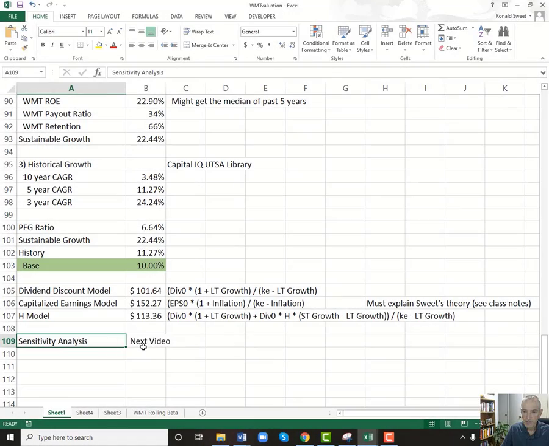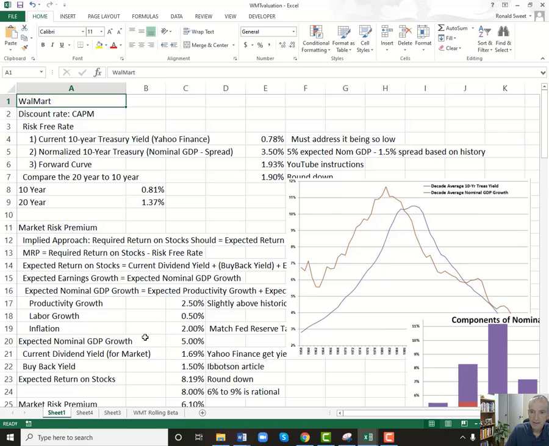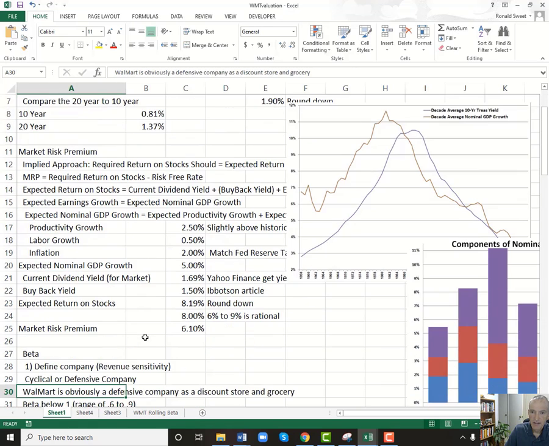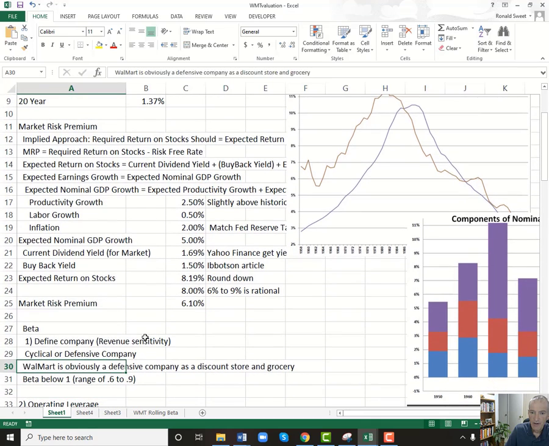Now we're going to move on to the sensitivity analysis. So let's look at our assumptions for Walmart. Let's put them all back together in one place so we can somewhat understand where we're going to go with the sensitivity analysis. We decided that our market risk premium and our risk-free rate, we've got those decided.